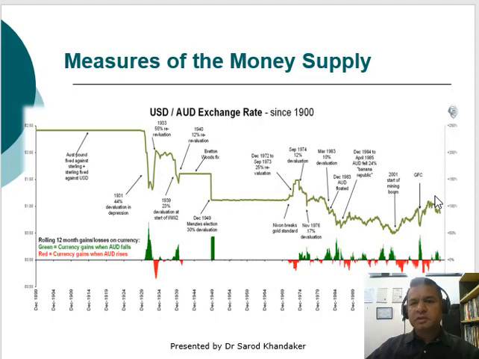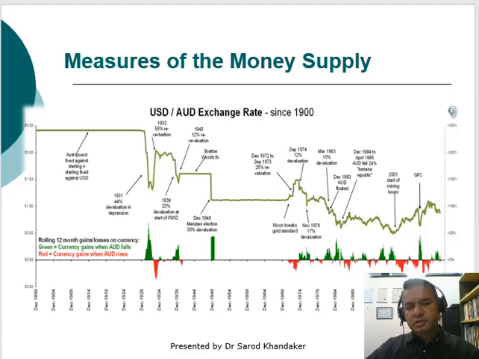However, in March 2019, the current exchange rate is about 70 cents. So one Australian dollar is buying only 70 US cents. Now, why is there such huge volatility in the Australian dollar and US dollar exchange rate?